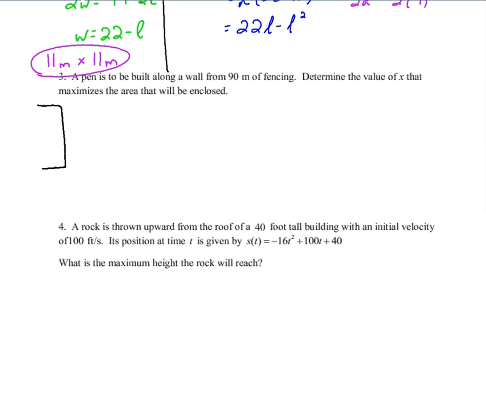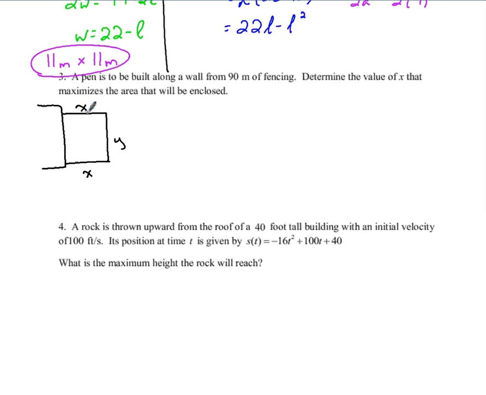So here's this, we'll say our building. We're building our pen off to the side here. We throw some variables on there. Oh, I don't know, x and y always seems to make the most sense, so I'm going to label this x, label this y. If that's true, then this side is x.